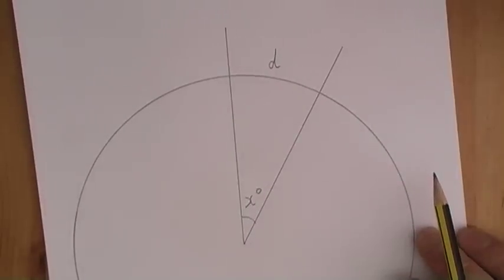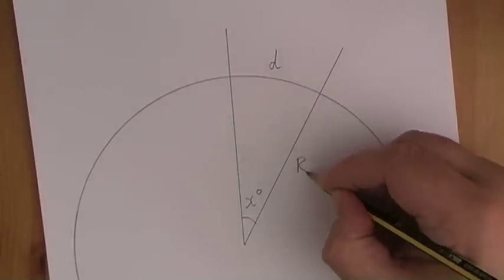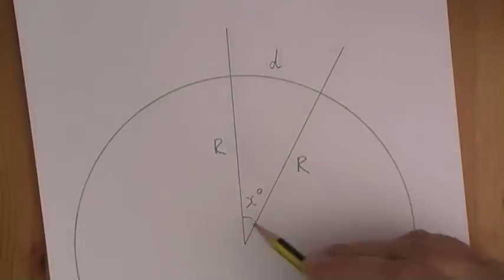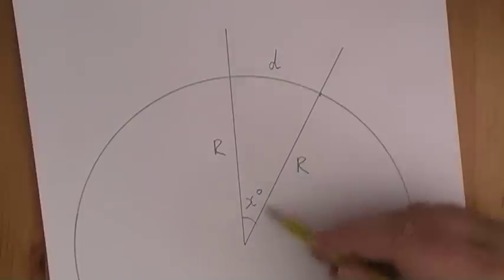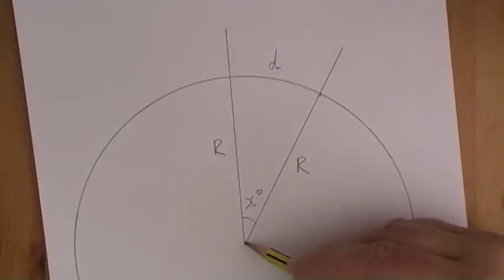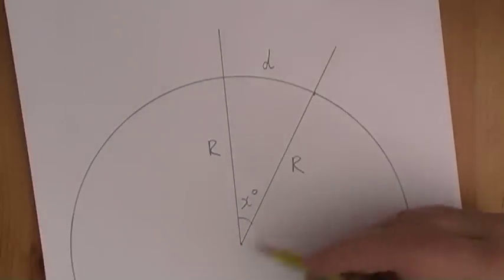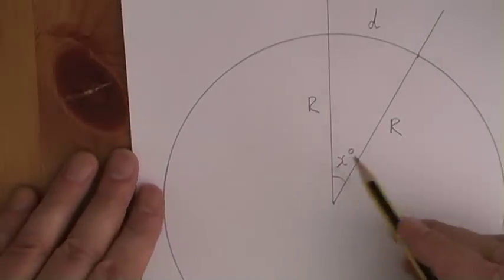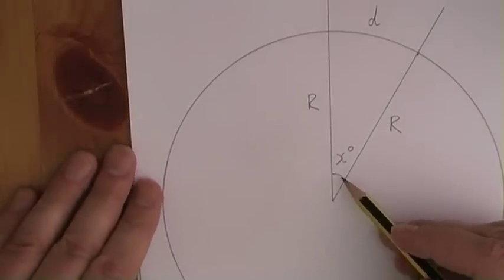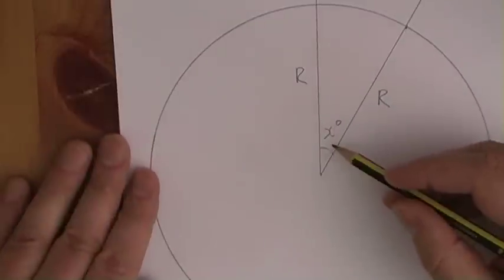And again, we'll say that the radius is r. So the r is the distance from here to here. And it's the same distance from here to here. Okay, so we want to get a nice formula to tell us what this angle x is going to be. Now, again, this is fairly basic mathematics.